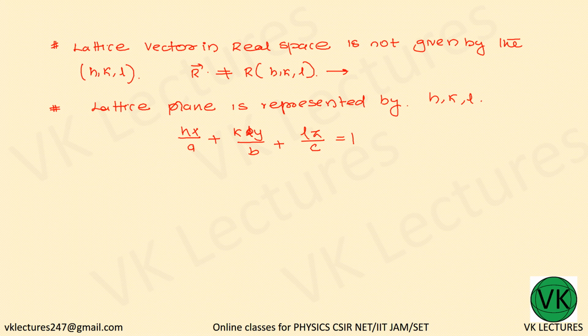While in direct lattice, we know the lattice vector R is given by n1 a1 plus n2 a2 plus n3 a3.